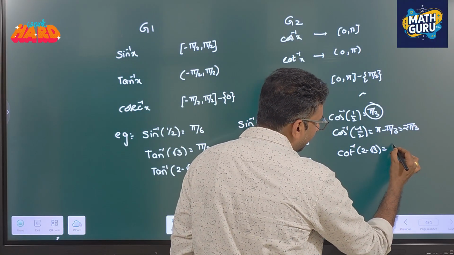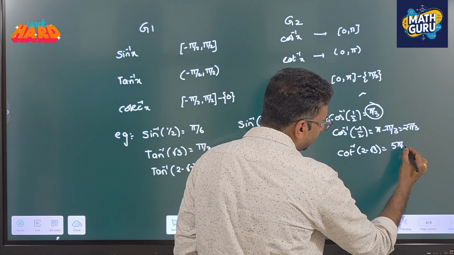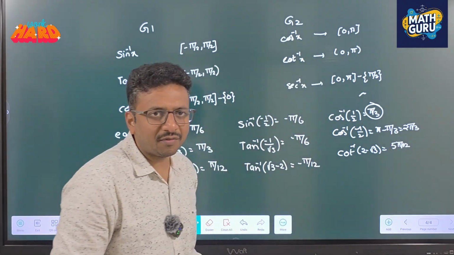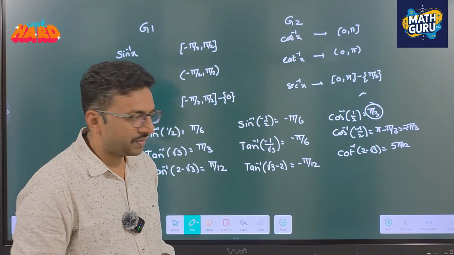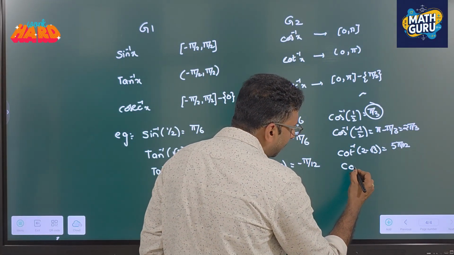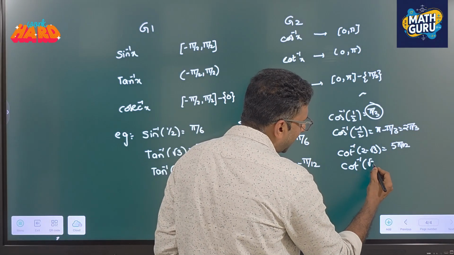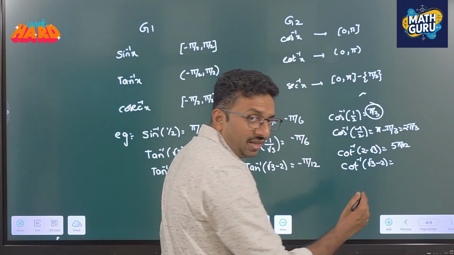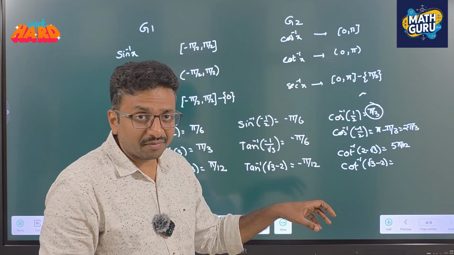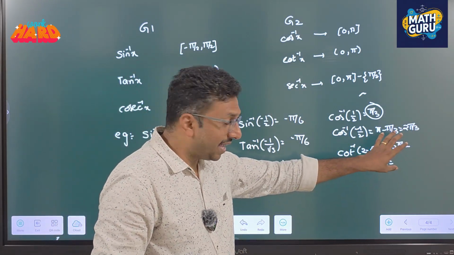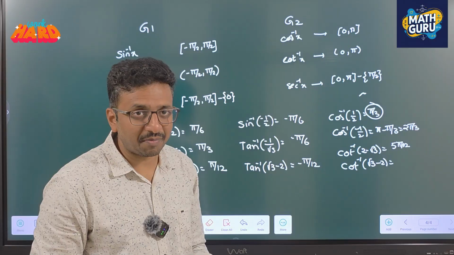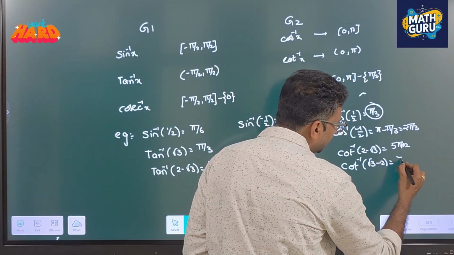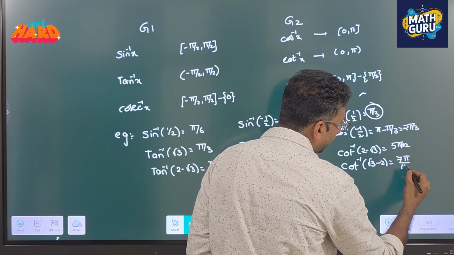So cot 5 pi by 12, which is 75 degrees, is 2 minus root 3. Similarly, cot inverse of root 3 minus 2 is not going to be minus 5 pi by 12. It is going to give an allied position of 5 pi by 12 in the second quadrant, which is pi minus 5 pi by 12, which is 7 pi by 12.